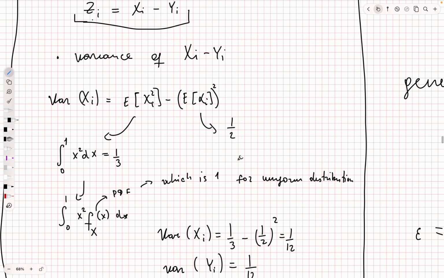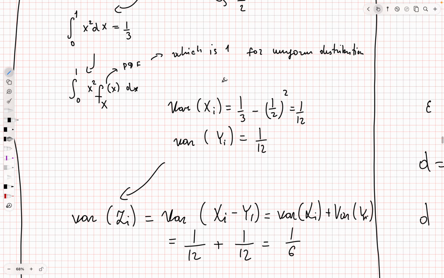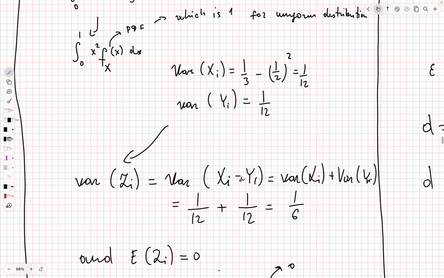And let's now talk about why we calculated these individual xi and yi variances, because we were looking for this, right? We were looking for the variance of this expression, xi and yi.